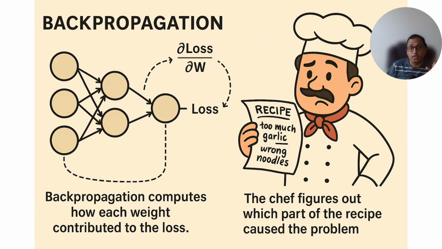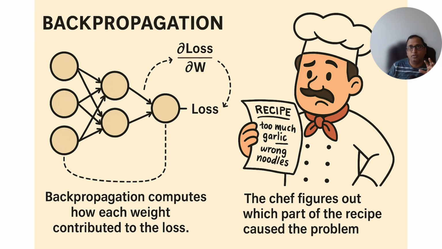Now once a model has made a prediction and we have calculated how wrong it was using the loss function, the next step is to figure out why it went wrong. This process is called backpropagation. The idea is to trace the error backwards through the network and ask which weight contributed the most to this mistake.